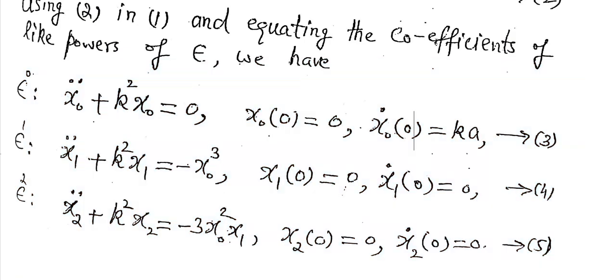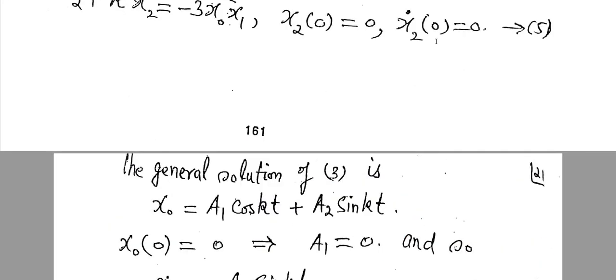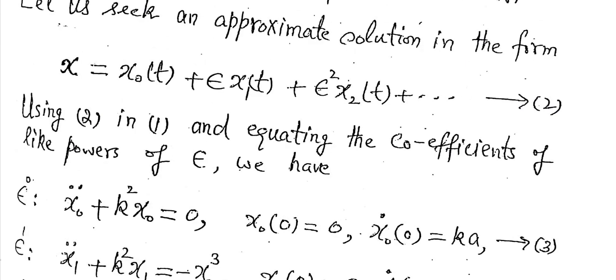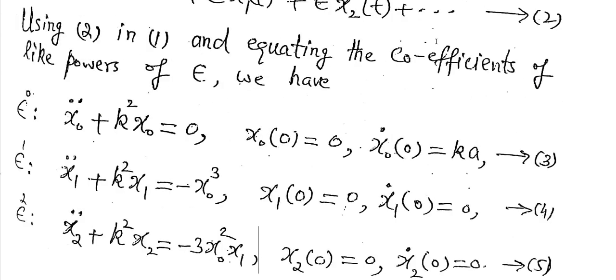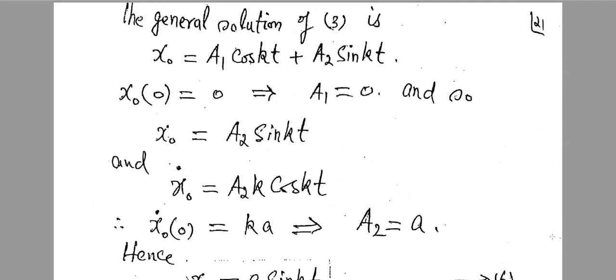After equating these systems, we have to find the solution of these three systems: equation number 3, equation number 4, and equation number 5. So the general solution, which we have already computed for equation 3, is a1 cos kt plus a2 sin kt.